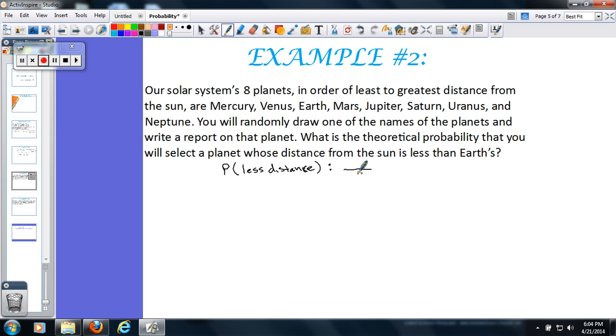So the number of total is going to be 8, 1, 2, 3, 4, 5, 6, 7, 8, because there's 8 total planets. And how many of them have less distance than Earth would be 2. Okay, because these are ordered from least to greatest. So you have Mercury, Venus, and then Earth. So that would be 2, giving you a probability of less distance equal to 1/4. Okay, or 25%.